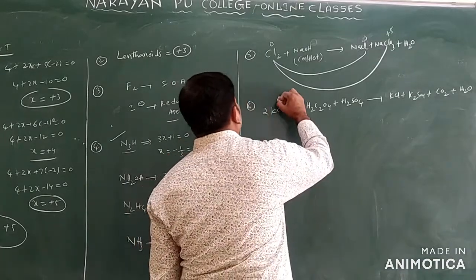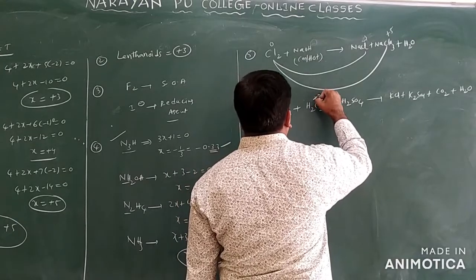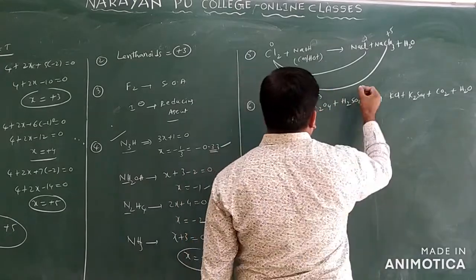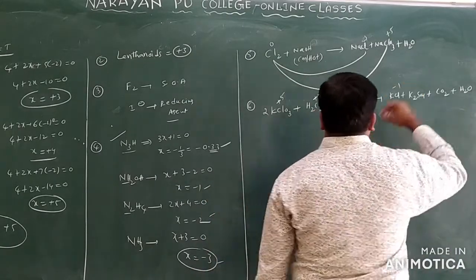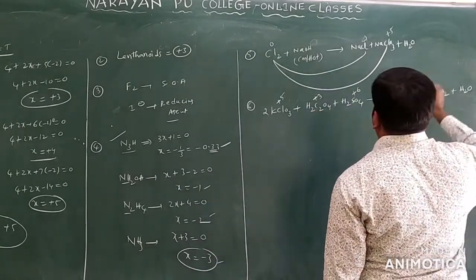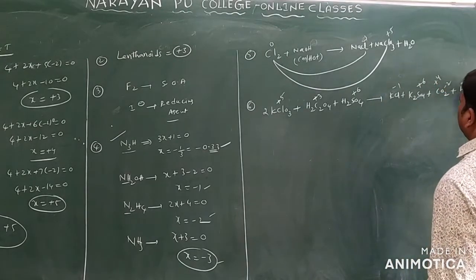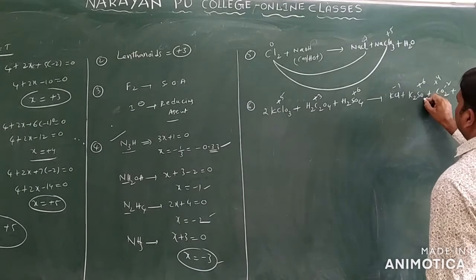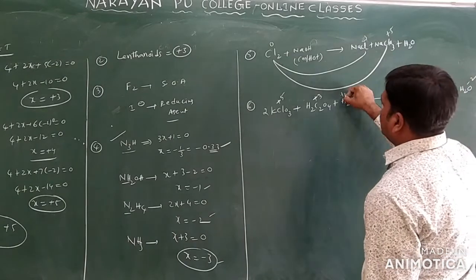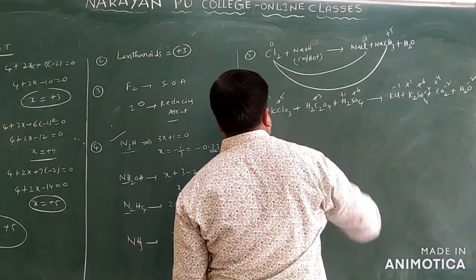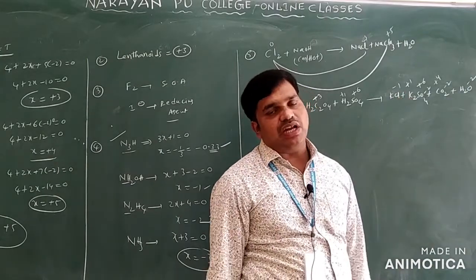Here chlorine is plus 5, carbon is plus 3, and sulfur is plus 6. In the products, chlorine is minus 1, sulfur is plus 6, carbon is plus 4, oxygen is minus 2, potassium plus 1, hydrogen plus 1. Carbon changes from plus 3 to plus 4 only, which is not a large change.